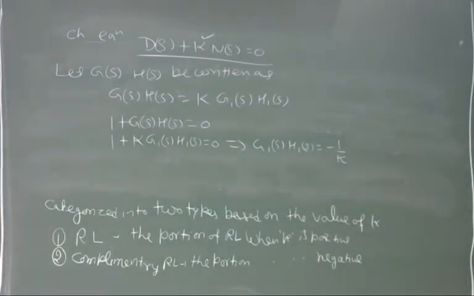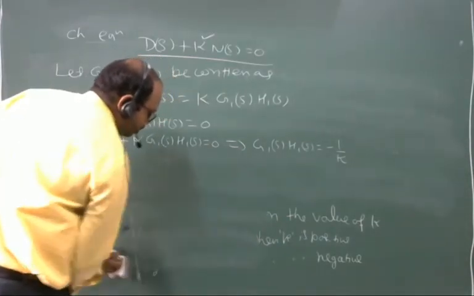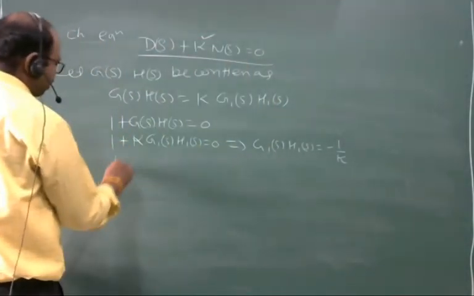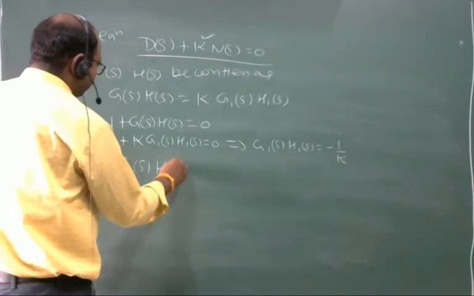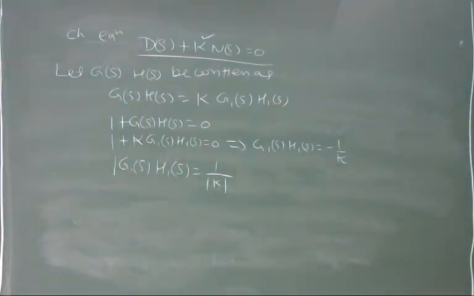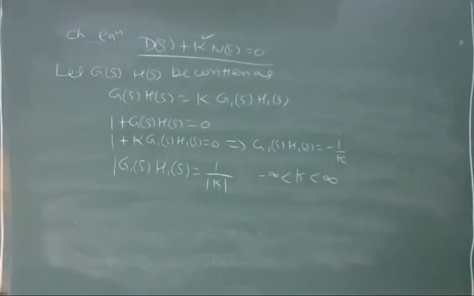If I find the magnitude of G1(s)H1(s), it becomes 1 over modulus of k, where k is being varied from minus infinity to infinity.